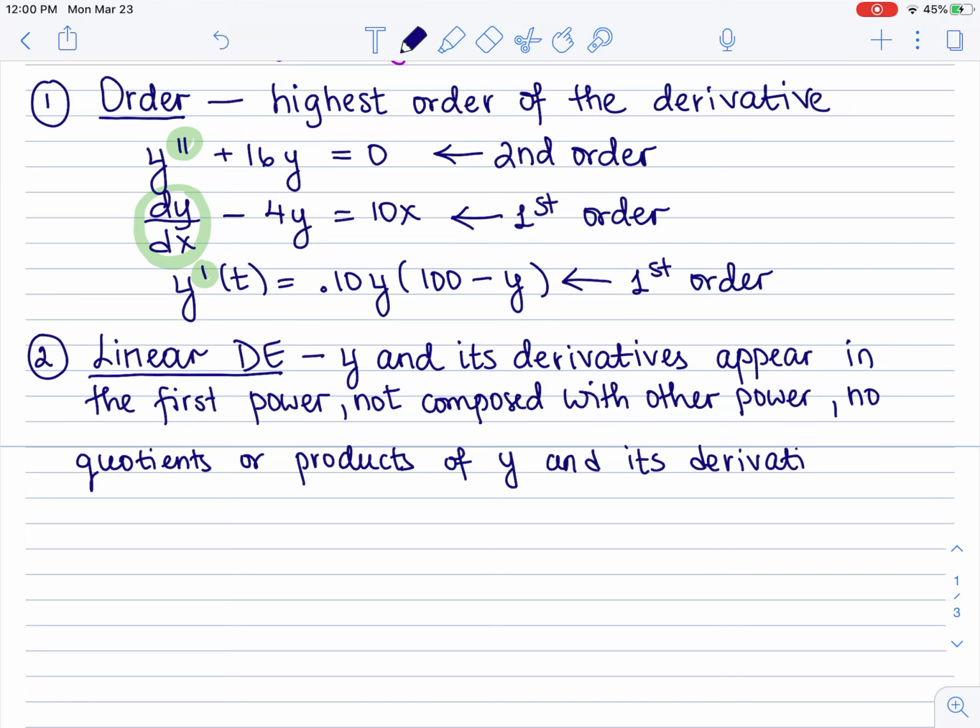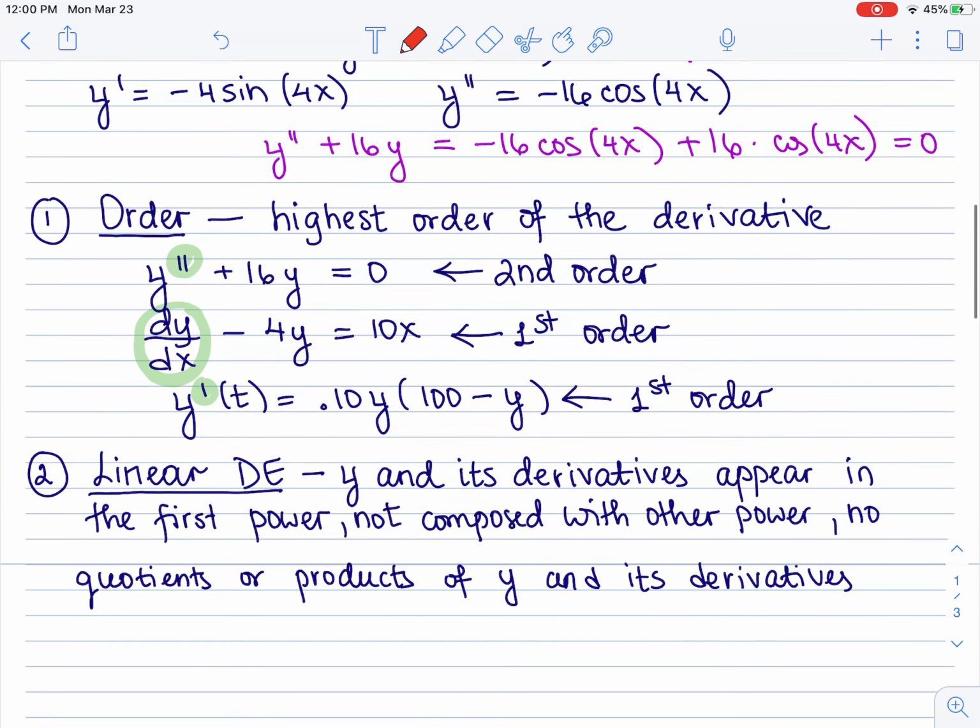So this will take us some practice to determine. Let's see. This first equation, y double prime plus 16y is equal to 0, is linear. All derivatives are in first power, there are no quotients, no products, no composition with other powers. What about the second one? dy dx minus 4y is equal to 10x.